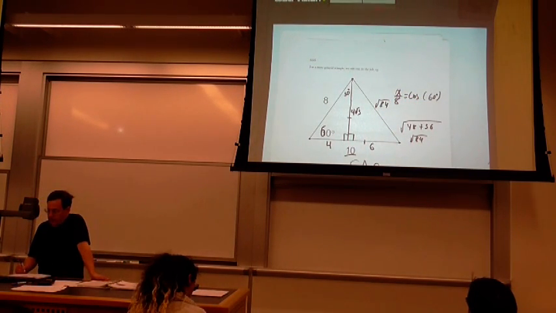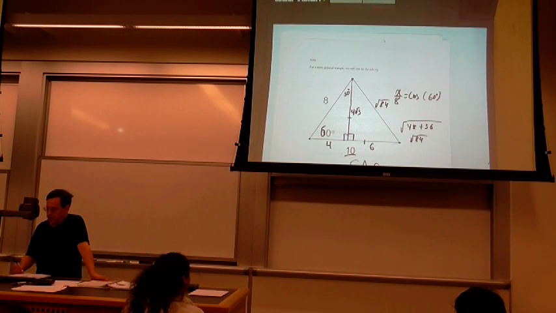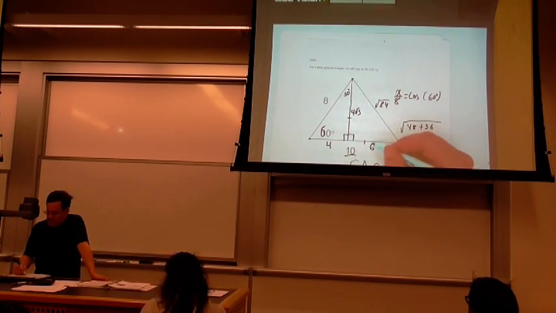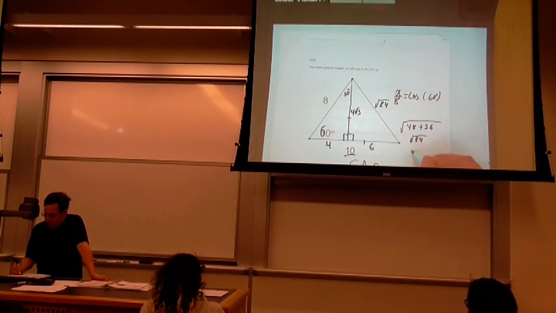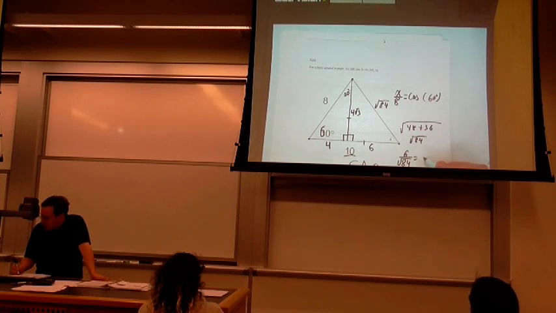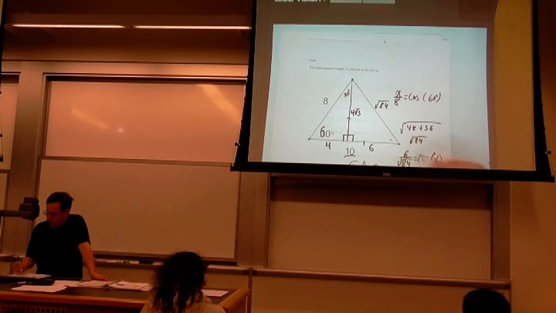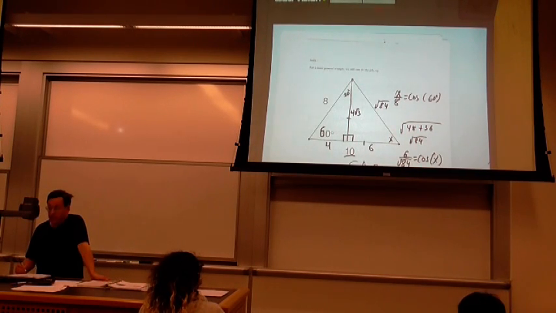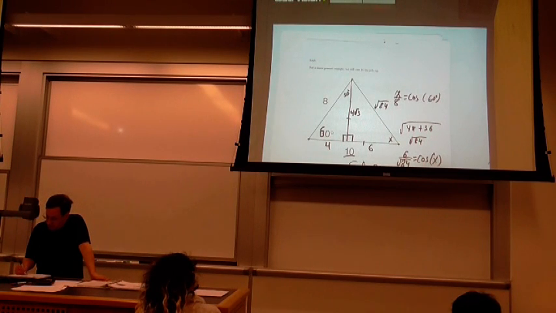All right, and now we're back to using inverse trig functions here. We know that 6 over the square root of 84 is what trig function for this angle? Cosine. Cosine of x, whatever that angle is. So now we just use our inverse trig function, right?